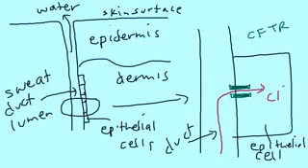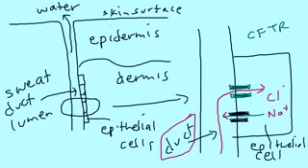Now, there's another channel that exists in the same cell. It's called a sodium channel. And the sodium channel, as you can imagine from the name of the channel, it transports sodium. And sodium goes out into the duct.